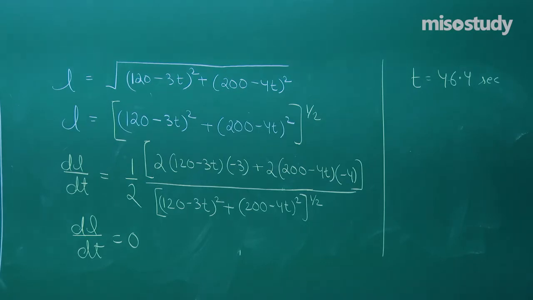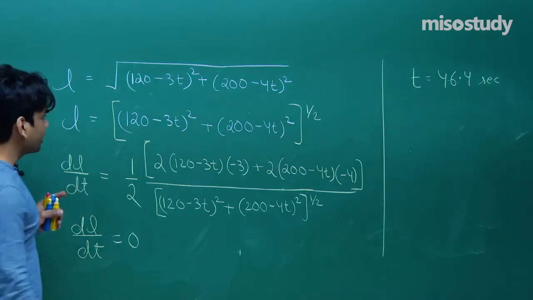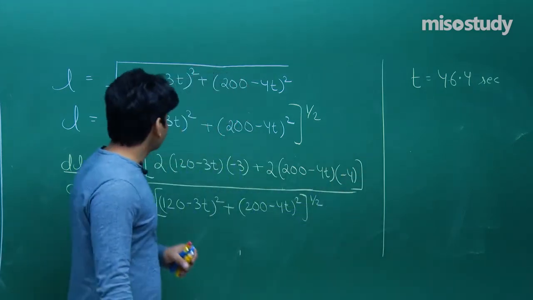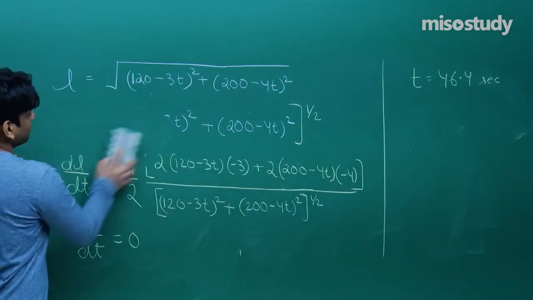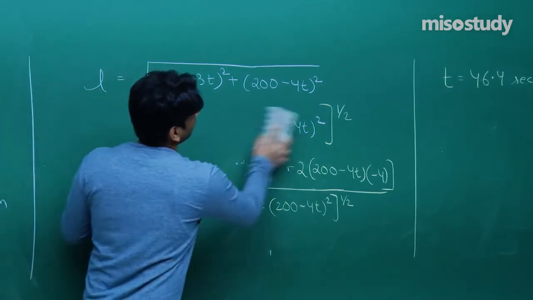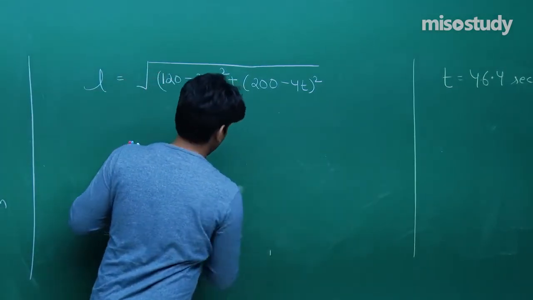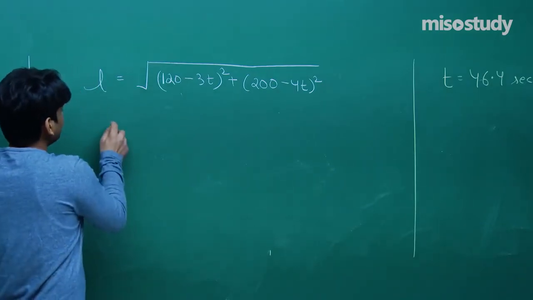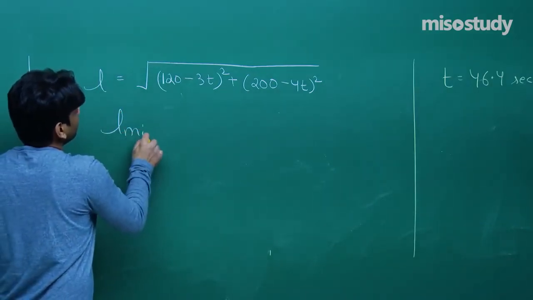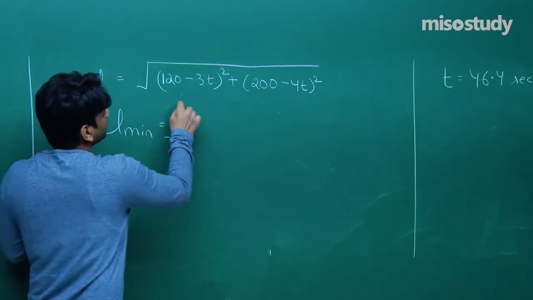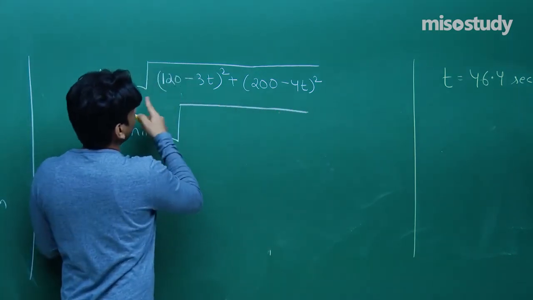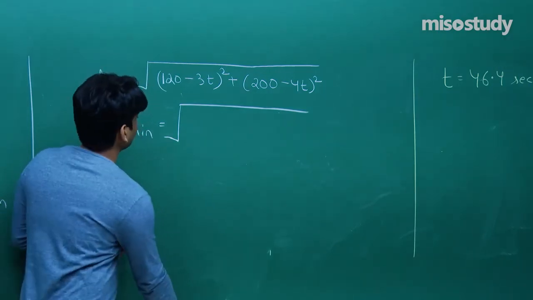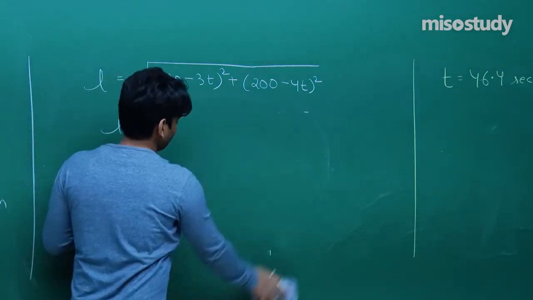So I believe that you would have taken down t equals 46.4 second, and after this let me go ahead and find out the minimum value of L. So the L formula is this. If I put here t equals 46.4, although calculations are involved, we can easily solve this. The L minimum will come out to be, put here under root (120 minus 3t) whole square plus (200 minus 4t) whole square. So I'm directly writing L minimum.